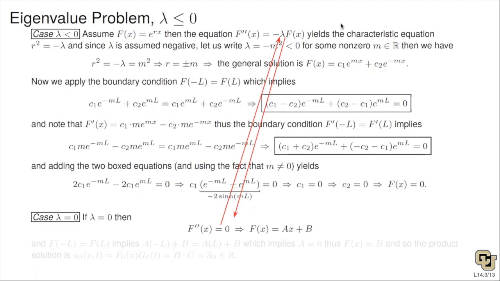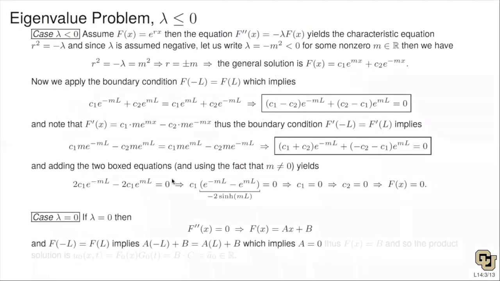And so now when I apply the boundary conditions, so here, you know, f of negative L equals f of L, I'm replacing x with negative L and L in the equation ax plus b and setting them equal to each other. Here, the b's cancel, the L's cancel.